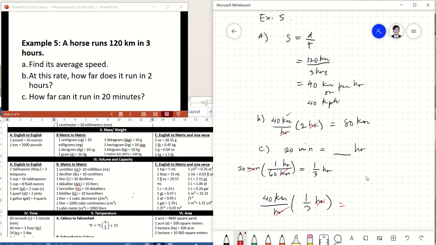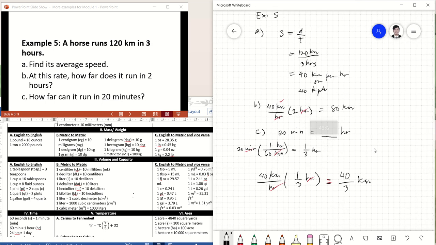Since this is already a real life problem, 40 over 3 would somehow be difficult to understand. That's why you need to write it in mixed number so that it would be understandable.